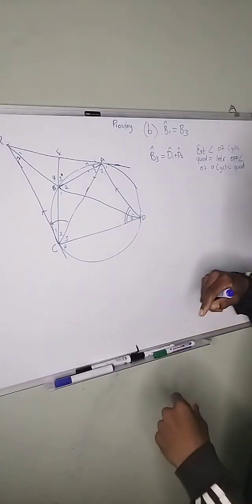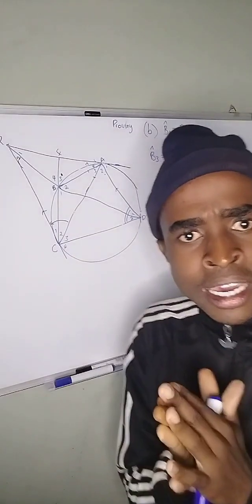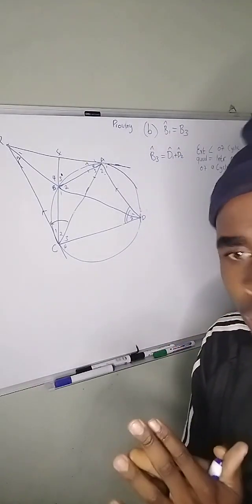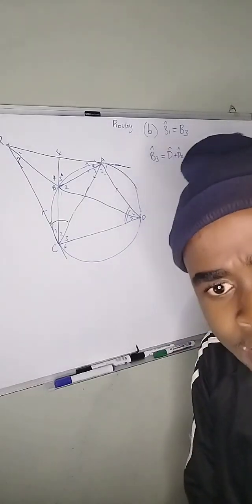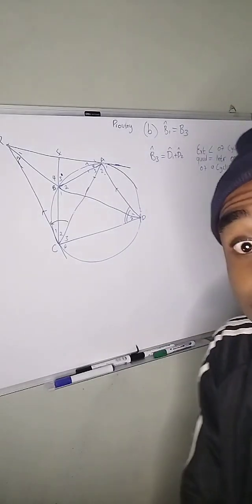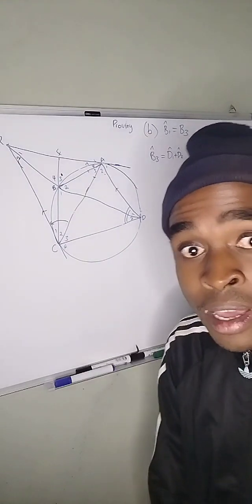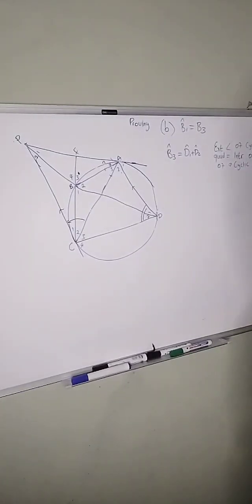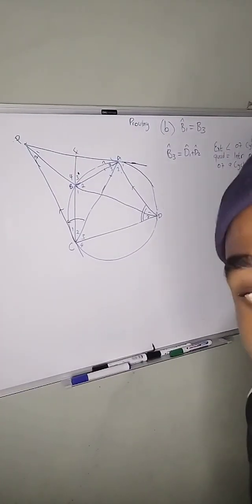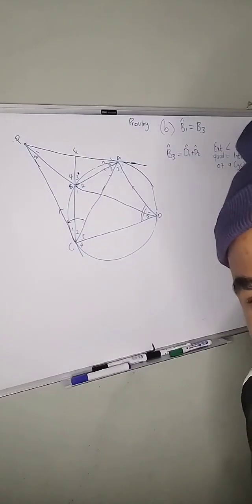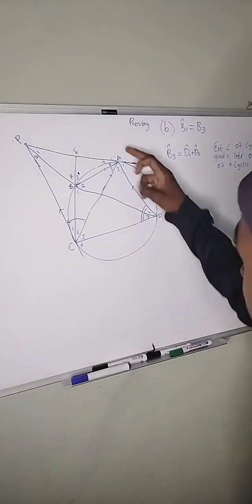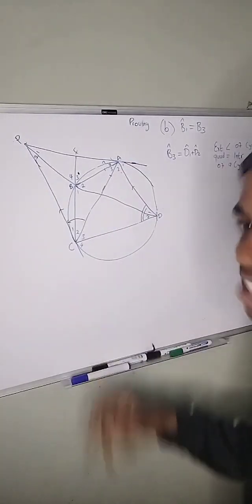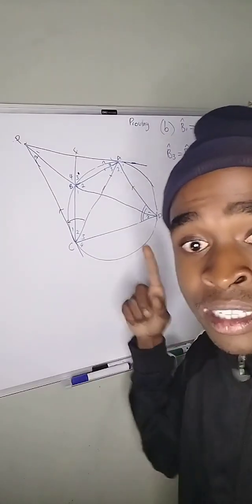Do we see PA? Is PA a tangent? No, we don't have a center. I don't think we have a center here. Is PA a tangent? Yes or no? The lines that are parallel are AD and PC. Ne? I don't think the parallel lines will help us in this case.